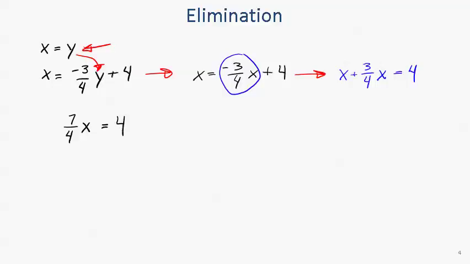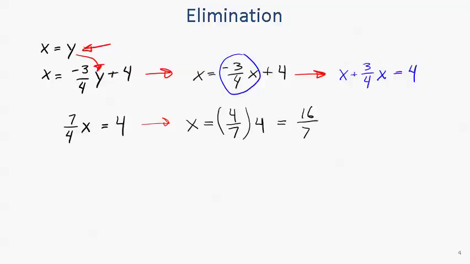Now we multiply both sides by the reciprocal of this, and we get that x is equal to 4 over 7 times 4, which is equal to 16 over 7.